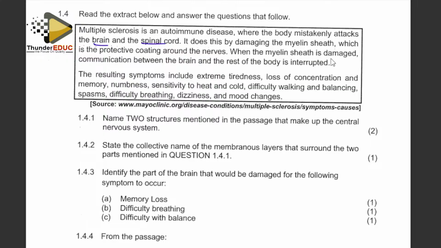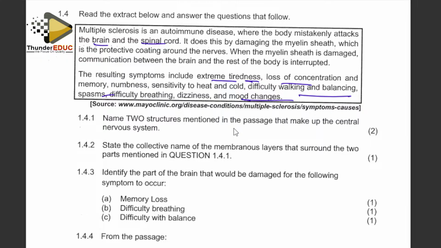When the myelin sheath is damaged, the communication between the brain and the rest of the body is interrupted. The resulting symptoms include extreme tiredness, loss of concentration, memory loss, numbness, difficulty in walking, balance. All these are some of the signs.